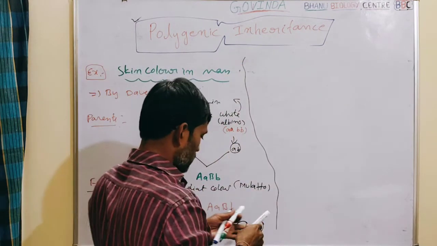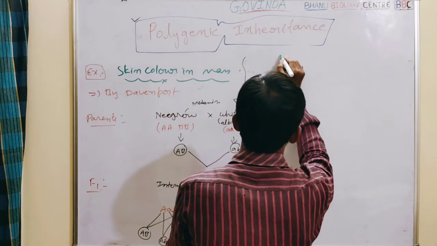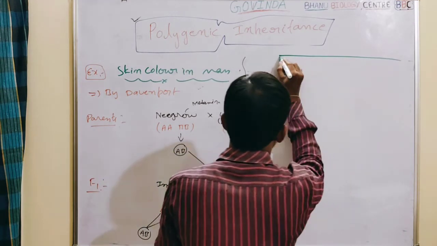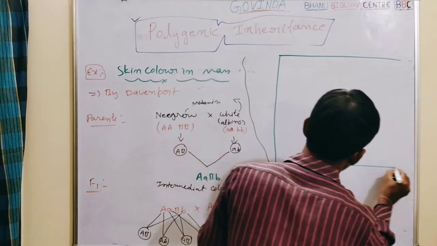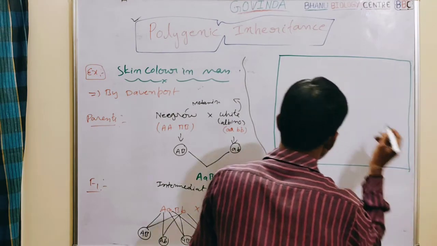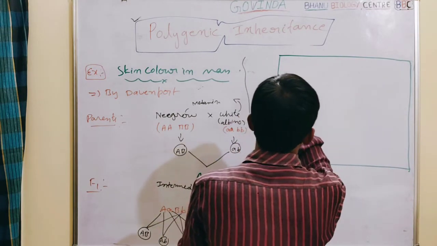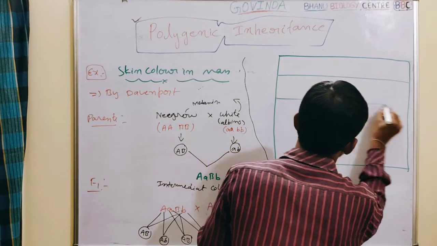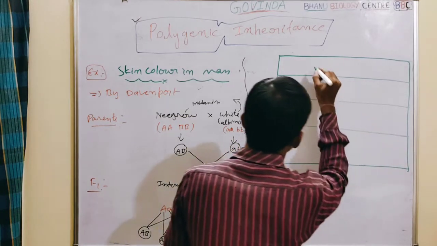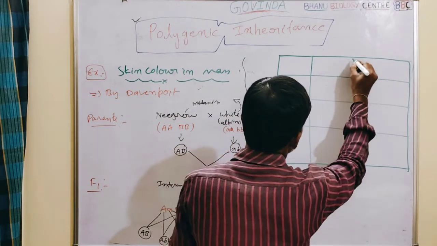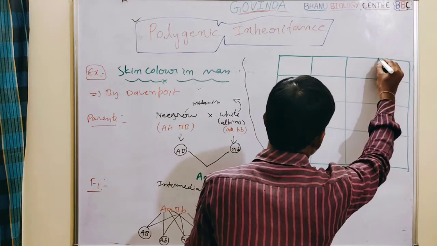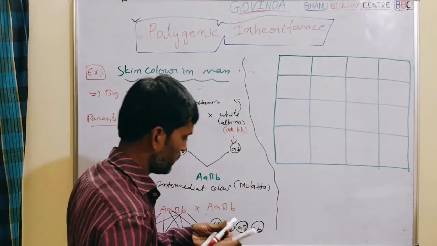Now it is time to draw the Punnett square to obtain the F2 generation in this cross. This is the Punnett square, which has 16 squares, 4 by 4.